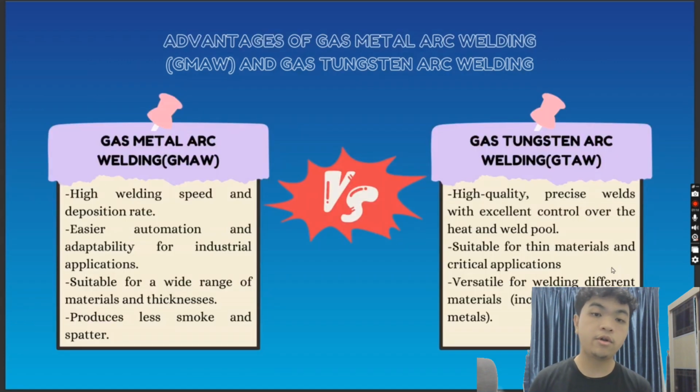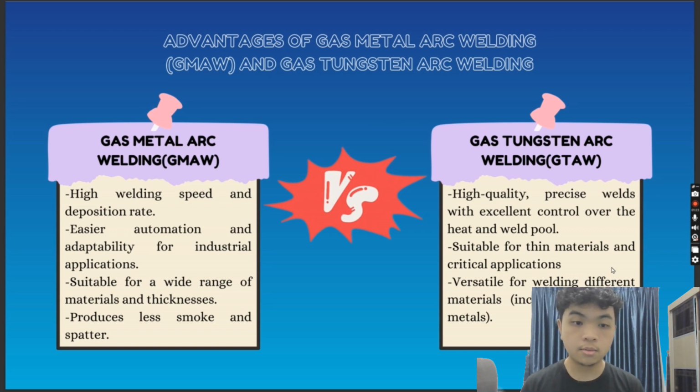Next, I'm going to talk about the advantages of gas metal arc welding, GMAW, and gas tungsten arc welding. The advantages of GMAW: it has a high welding speed and deposition rate. It is easier in terms of automation and adaptability for industrial applications.